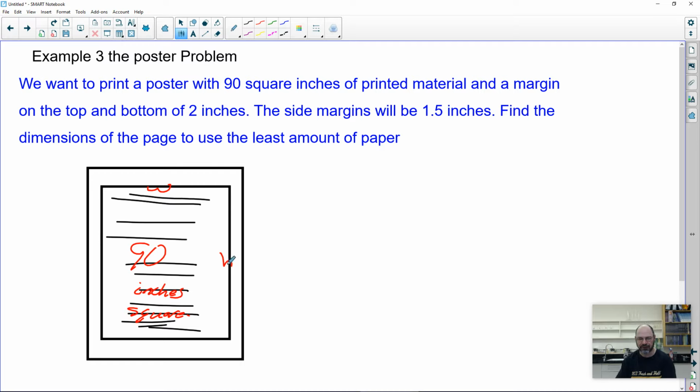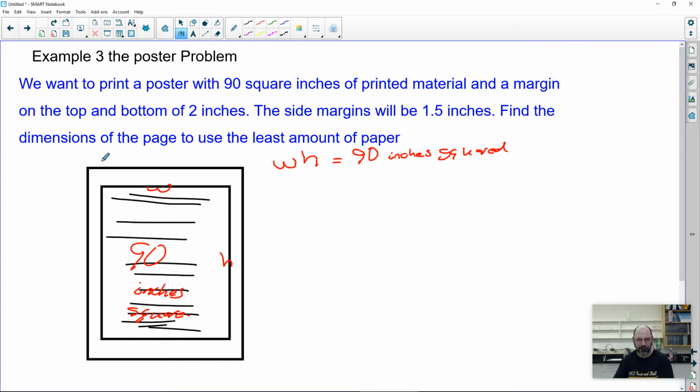So that if this is some height, we know that from the page, step one is that W times H is equal to 90 inches squared. Okay? And what we're trying to find here, and that's the width and the height of the printed material.